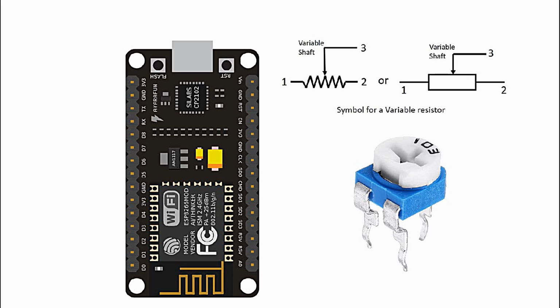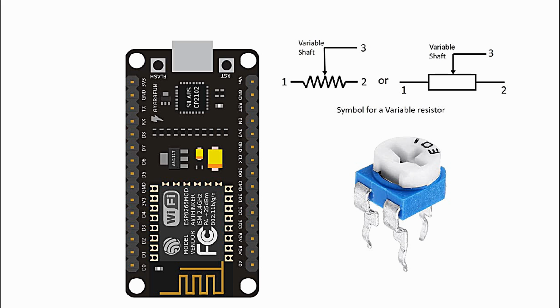So for understanding the ADC process in this SoC, and for knowing how to interface any analog sensor with the ESP8266 ADC module, we are going to interface this variable resistor of 10K resistance to the ADC module available in our ESP8266.